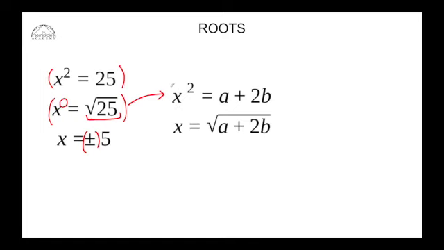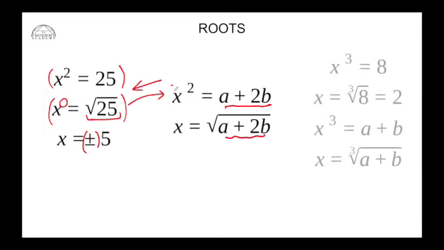You have x squared is equal to blah blah blah, then x will be the square root of blah blah blah. That's it. Same thing like this. That's what I want to show you guys, that algebra is the same thing as arithmetic. You do it the same way. It's just like any other numbers.